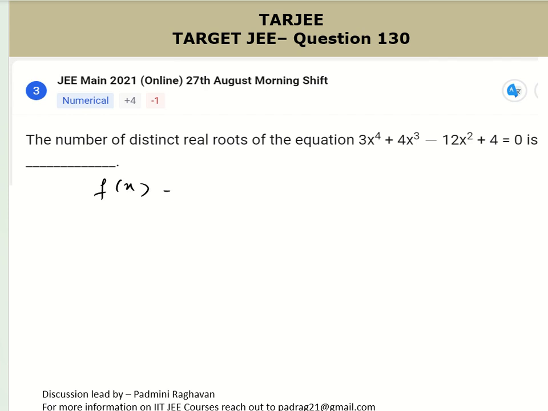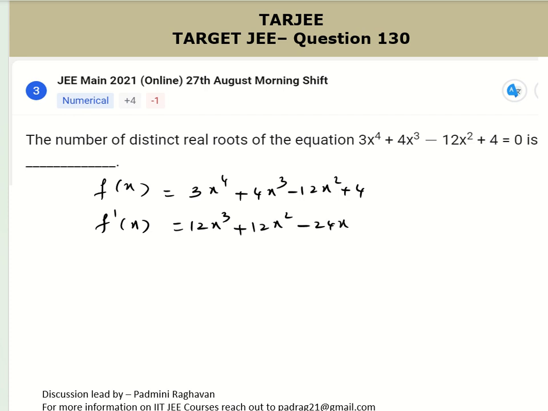Let us call f(x) = 3x⁴ + 4x³ − 12x² + 4. Let us differentiate it. So f'(x) = 12x³ + 12x² − 24x, which can be factorized as 12x can be pulled out.